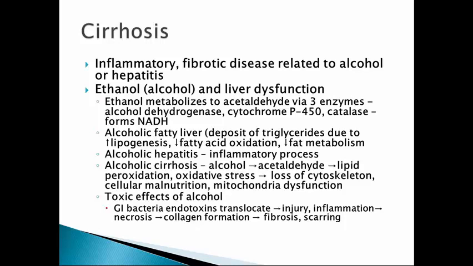But cirrhosis itself is represented by inflammation and fibrosis, frequently related either to hepatitis, as we just talked about, that end part of the hepatitis, or to alcohol. And alcohol, it's usually chronic alcohol ingestion.